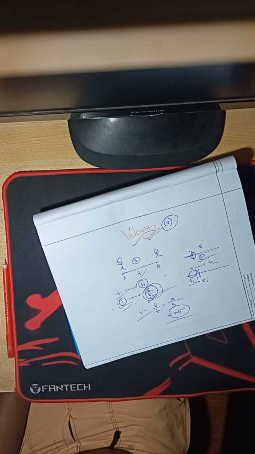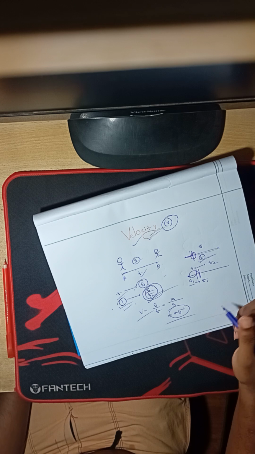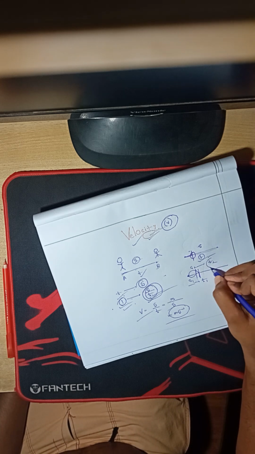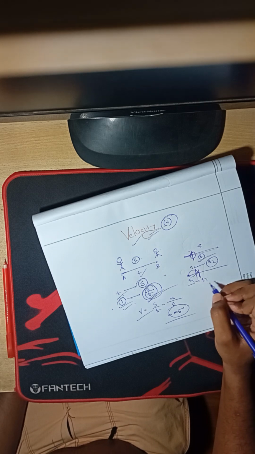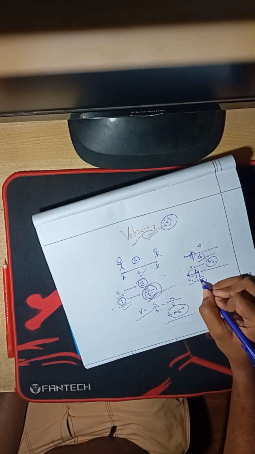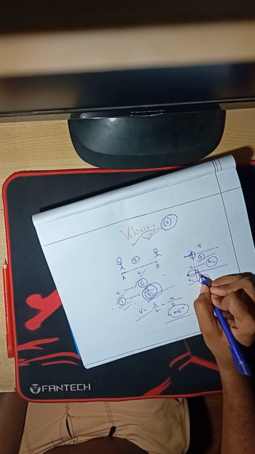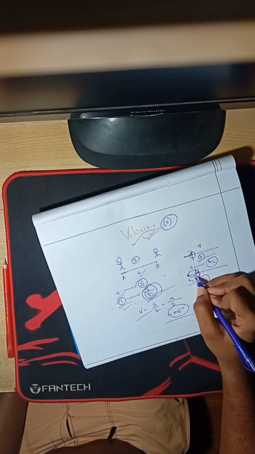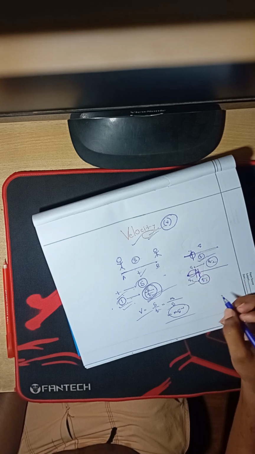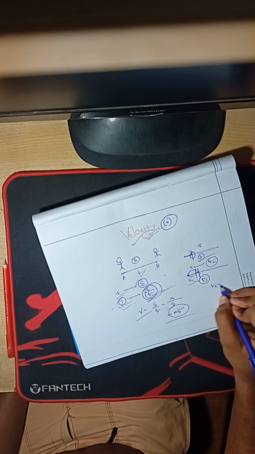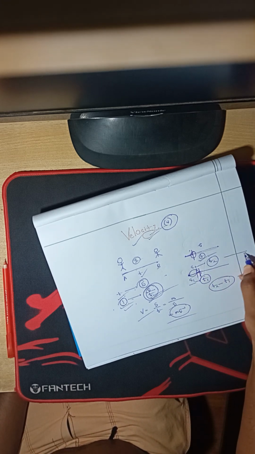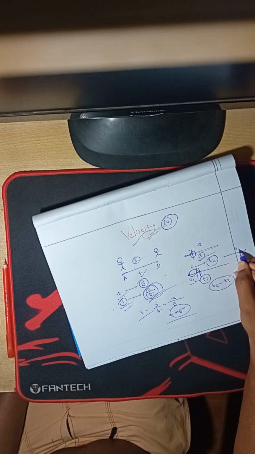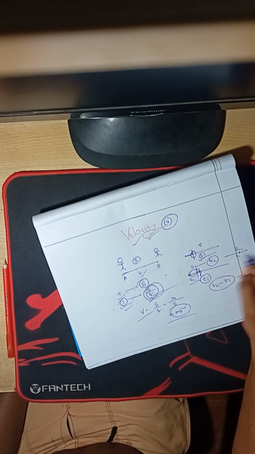So you are crossing this small portion of distance in what time? The time would be the time taken to cross the larger one minus the time taken to cross the smaller one, so it would be T2 minus T1. And the distance would be S2 minus S1.